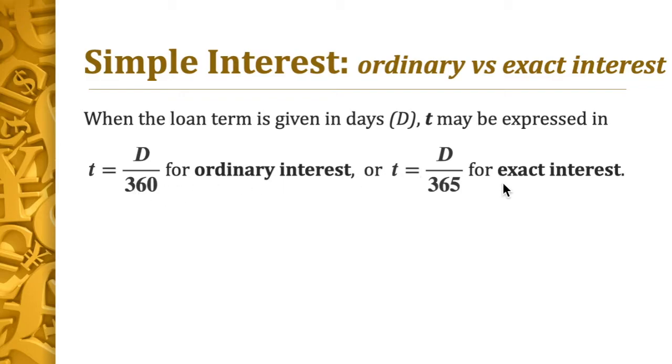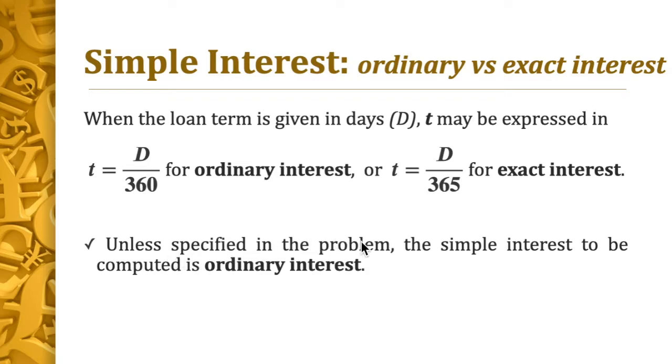For exact, that's 365 days a year. We have the exact days, 31, 30, 28, 29 for February, but let's just use 365. Let's make it simple, and the leap year will not be used in this case. We're going to use that in the future.